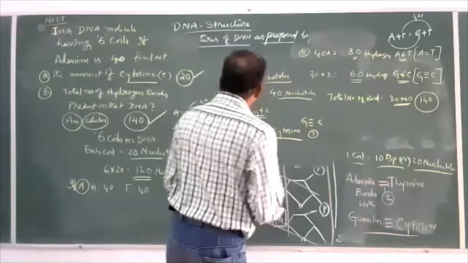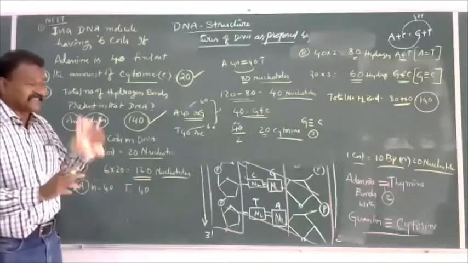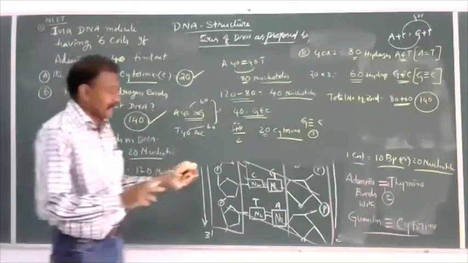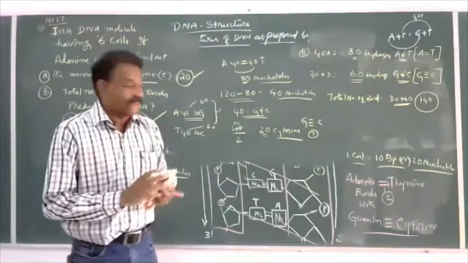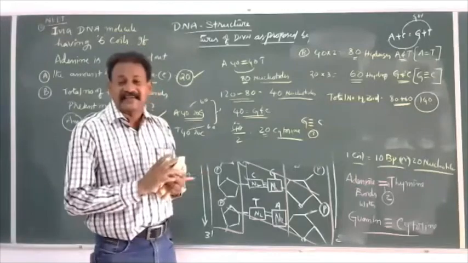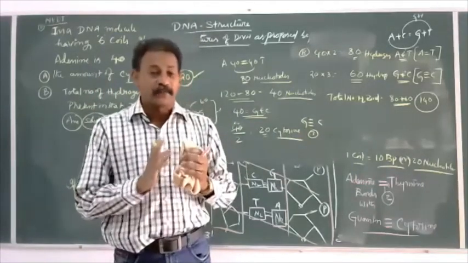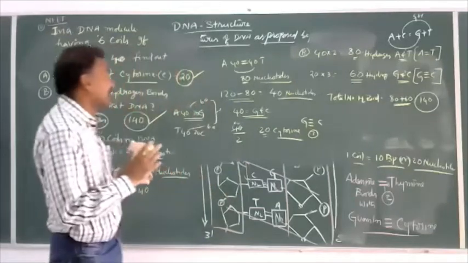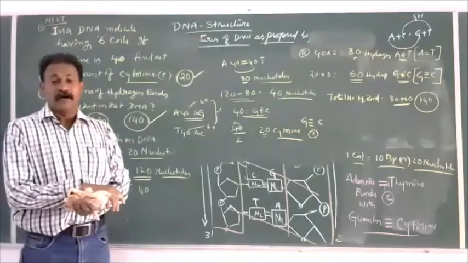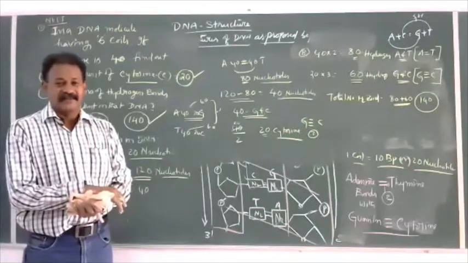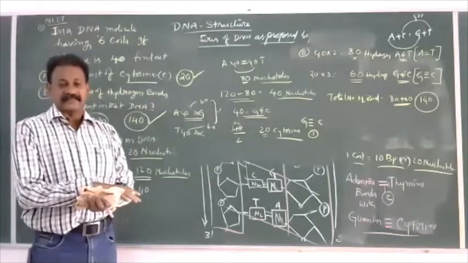Now, keeping in view all this, after the discovery and after presenting the DNA double helix model, Francis Crick defined a beautiful proposition, the central dogma of molecular biology. What is this central dogma of molecular biology? We will see in the coming classes. All the best.